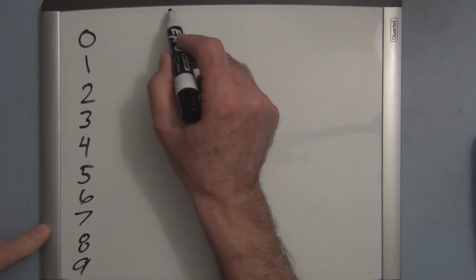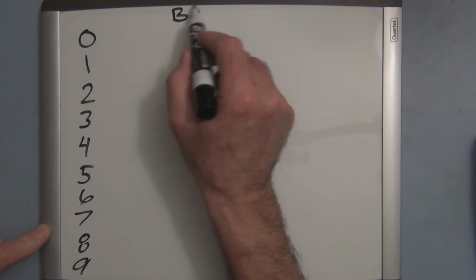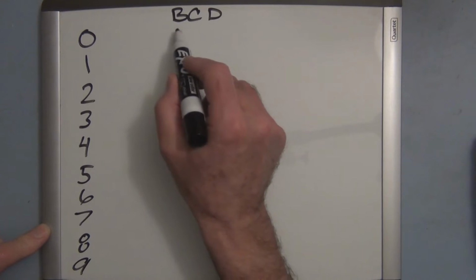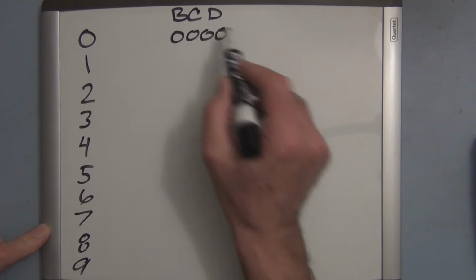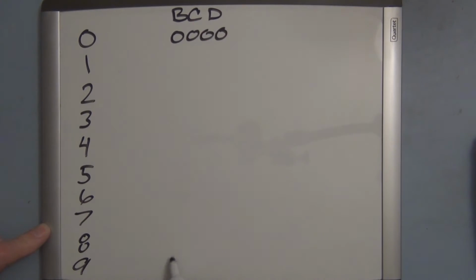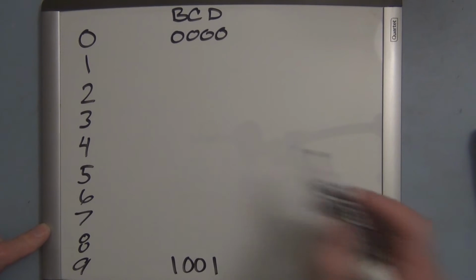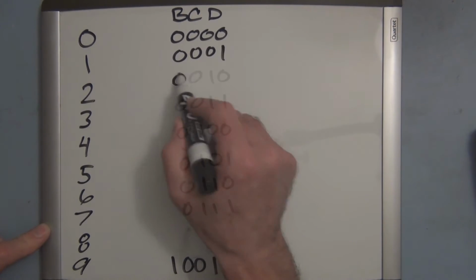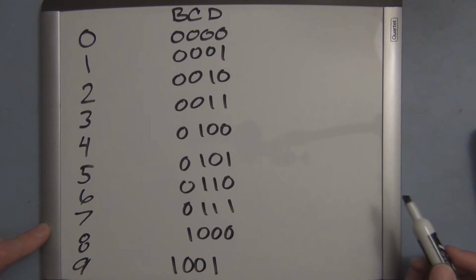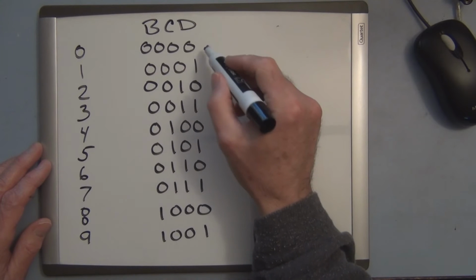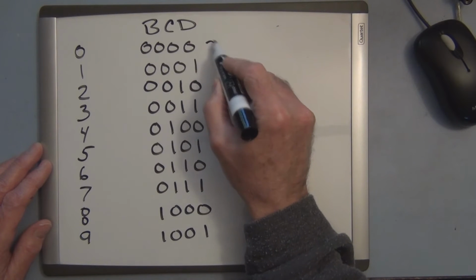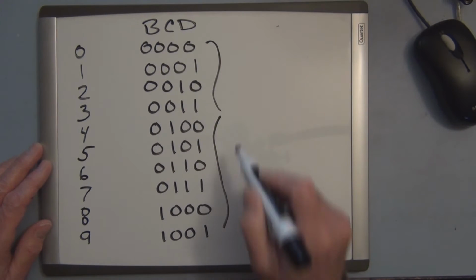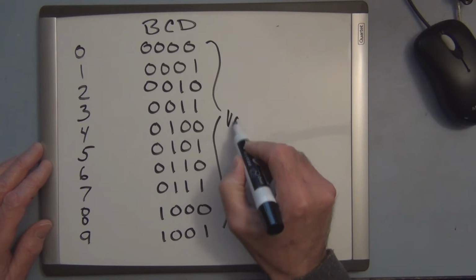So the BCD numbers, of course, will be 0, 0, 0, 0, all the way down to 1, 0, 0, 1. So 0, 0, 0, 1. These are the valid code groups, 0 through 9 in the BCD code.